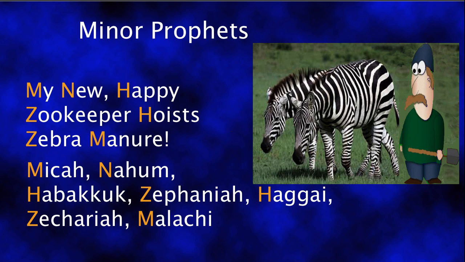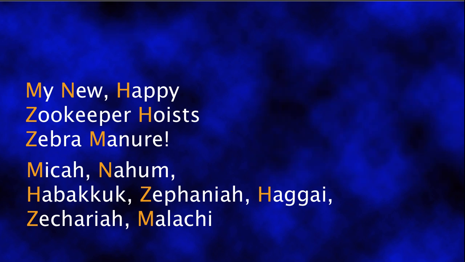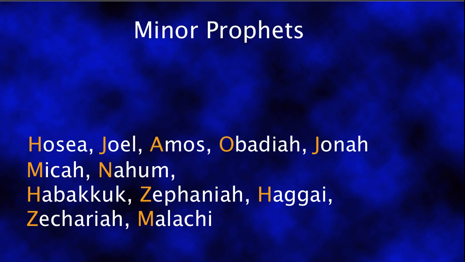Micah, Nahum, Habakkuk, Zephaniah, Haggai, Zechariah, Malachi. Let's go through those minor prophets again in order. Hosea, Joel, Amos, Obadiah, Jonah, Micah, Nahum, Habakkuk, Zephaniah, Haggai, Zechariah, Malachi.